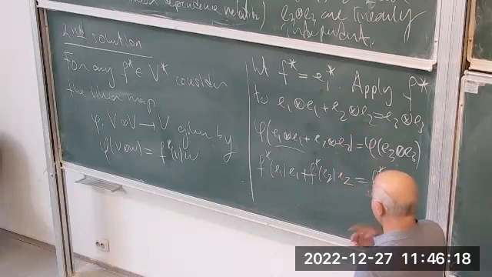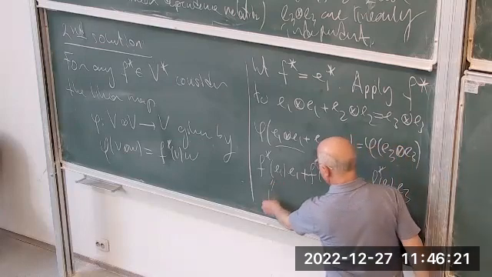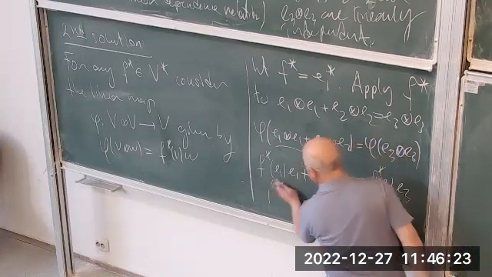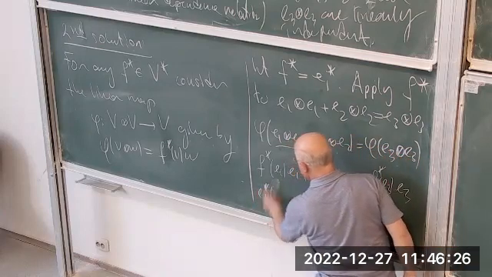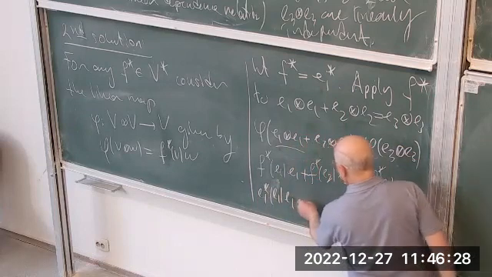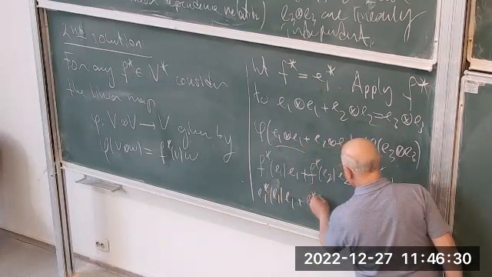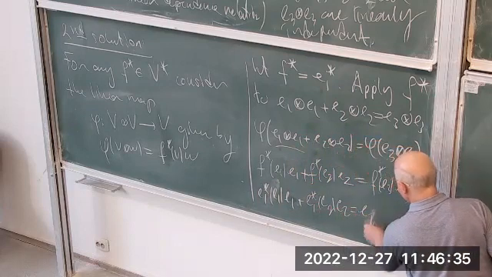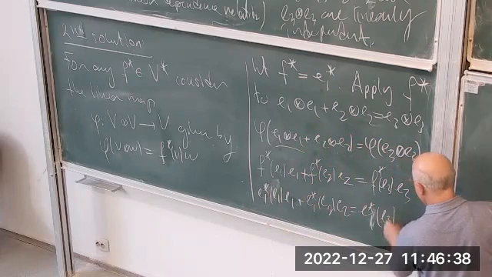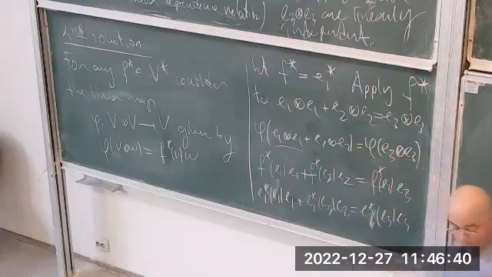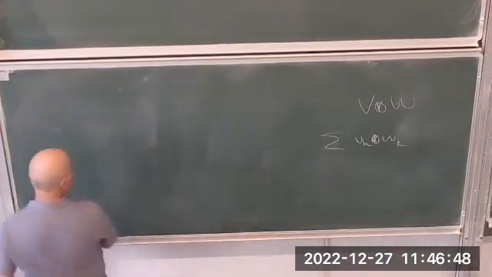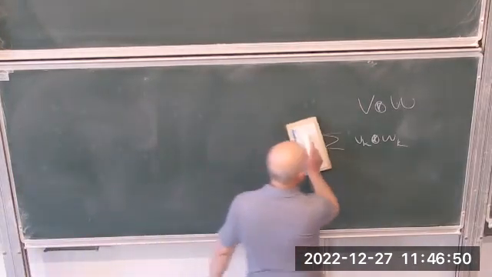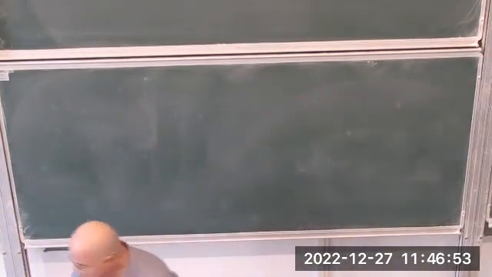Okay. This is one because x star is just e1 star: e1 star of e1, e1 star of e2, e1 star of e3. Well, what is this?